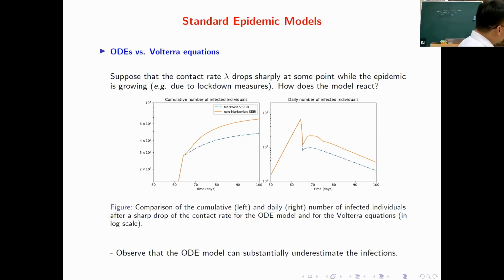The ODE model will always underestimate infections. Okay, so there's reason to believe that we should use a much more general model than just the ODE compartment model to study the pandemic, to predict the pandemic.